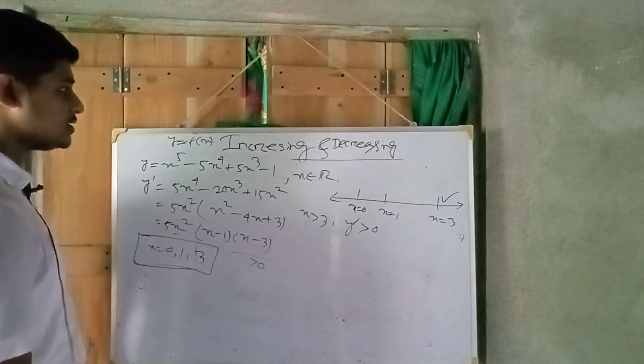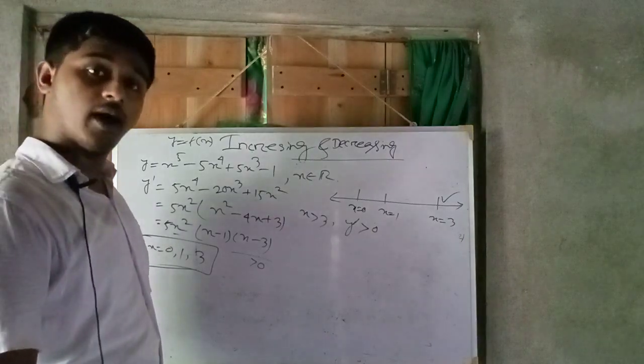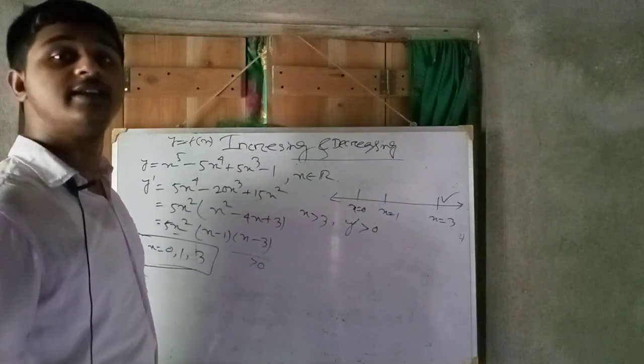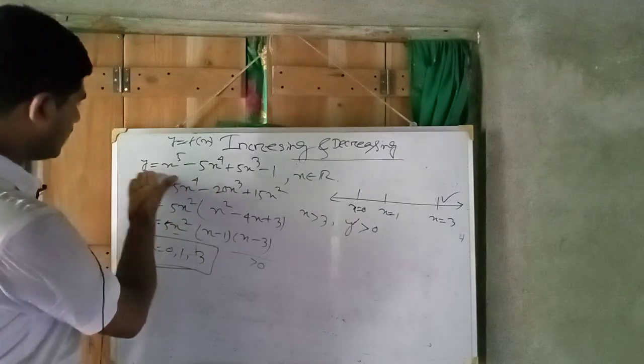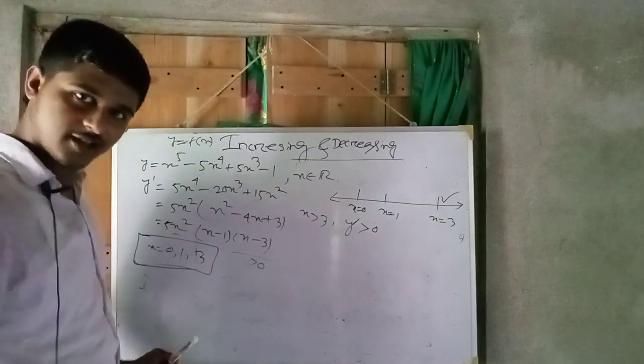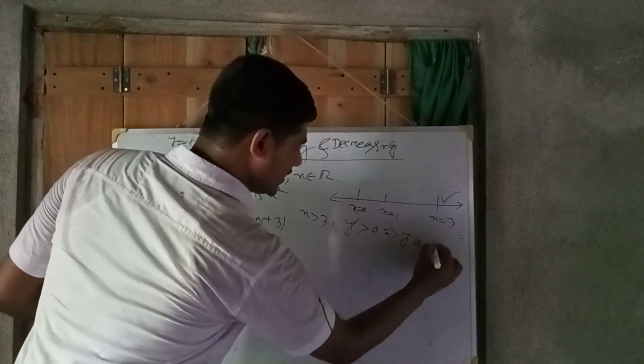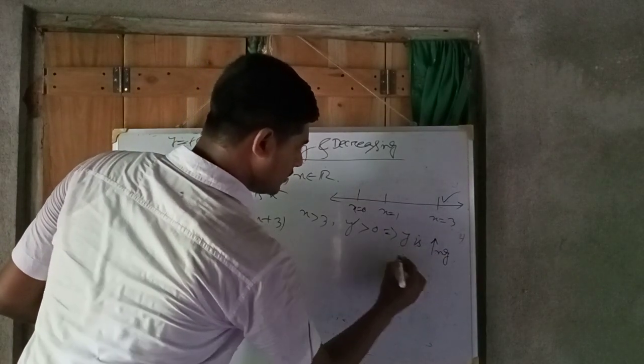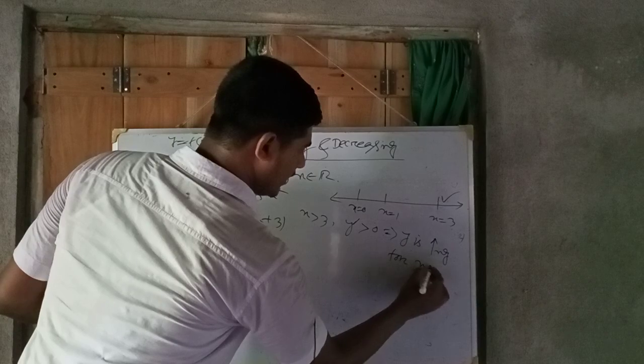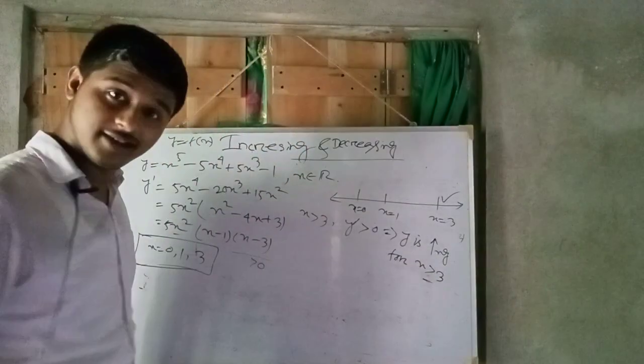So this represents, from theorem 1, the increasingness of the given function y equals f(x). So y is increasing for x greater than 3.